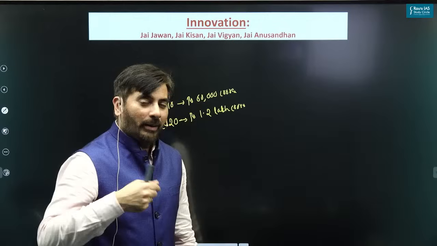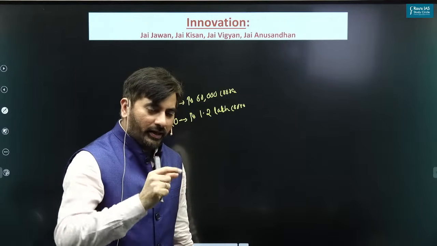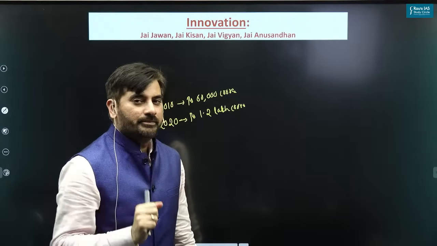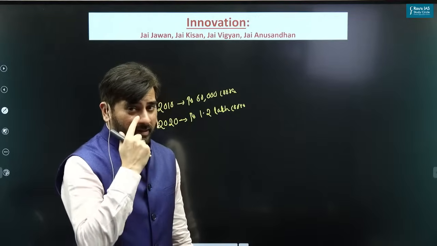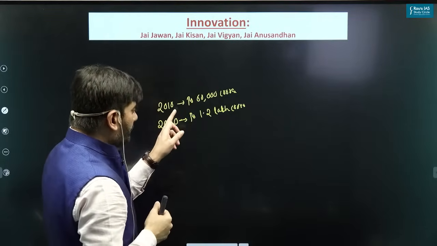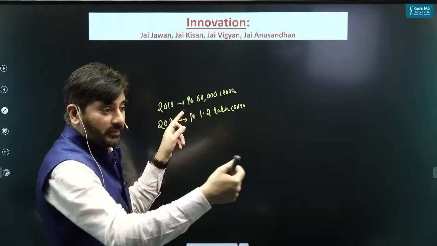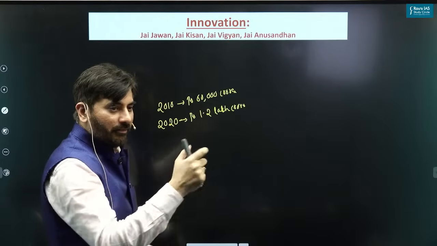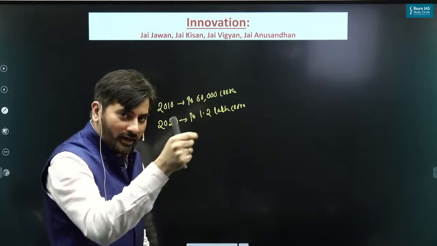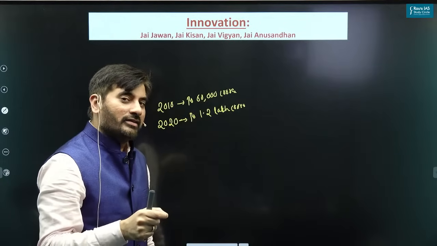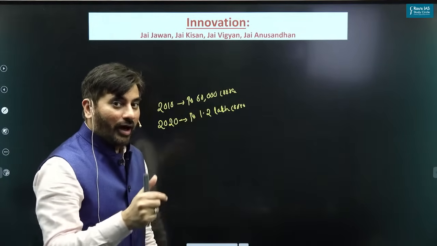Can you see in terms of absolute value, the money which we are spending on research and development has doubled? But what is the surprise here is, if you see as percentage of GDP, the money that we are spending on research and development has actually got reduced in the last 1 decade. How much?